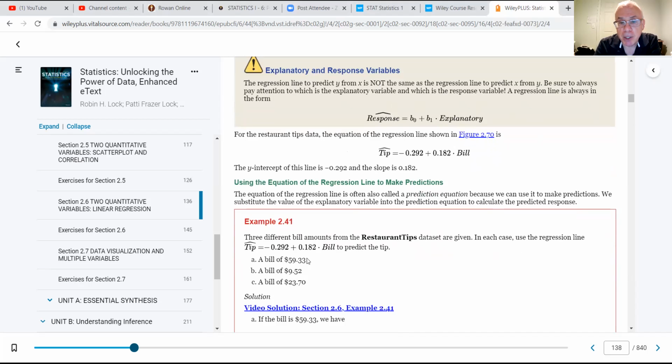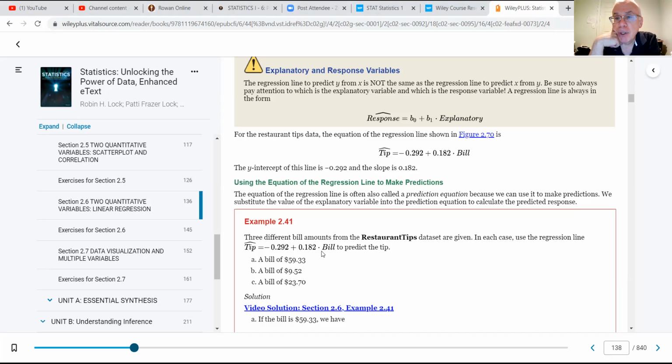We simply replace the bill, the x variable, with $59.33 multiplied by 0.182, and then add the negative 0.292 as the y-intercept, and that will give you the estimated tip.